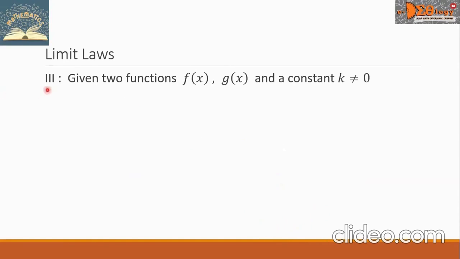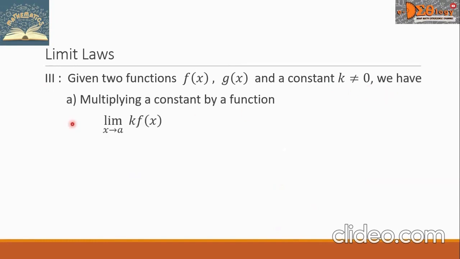Law number 3. Given two functions f of x, g of x, and a constant k not equal to 0, we have letter A, multiplying a constant by a function. So we have the limit of k times f of x as x approaches a.